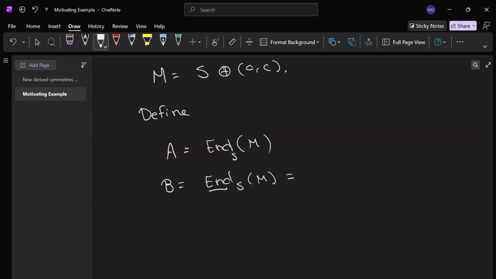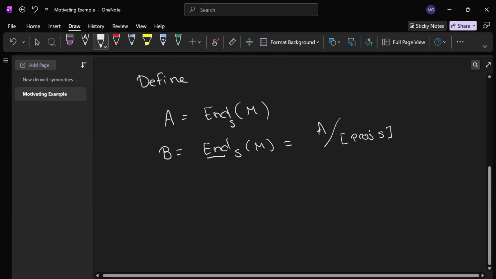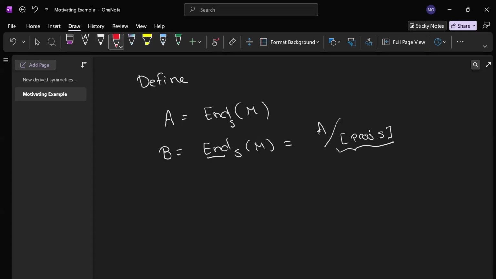And by this, I mean that B is going to be a quotient of A by an ideal, which we're going to write brackets proj A or proj S. This ideal is just the ideal of A consisting of maps from M to M which factor through a projective S module.